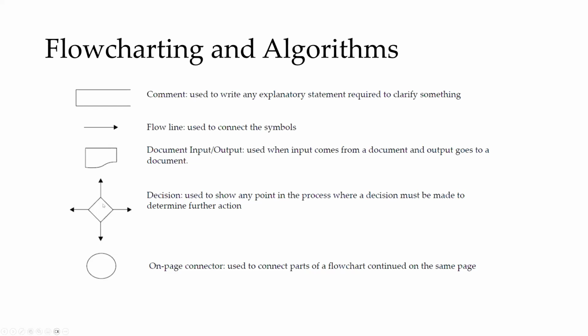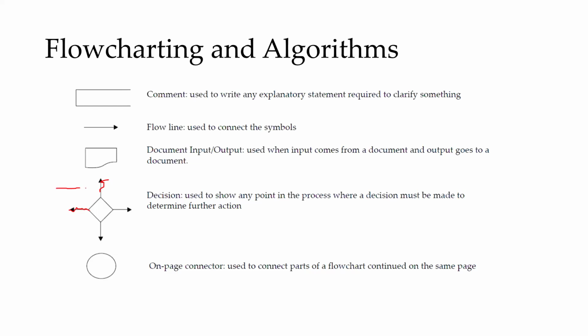Next, we have a diamond shape, as you see, for decisions. If you have some conditions, for example, if you want to check your user's age, whether it is greater than 18 or not, you should write this condition into this diamond shape.